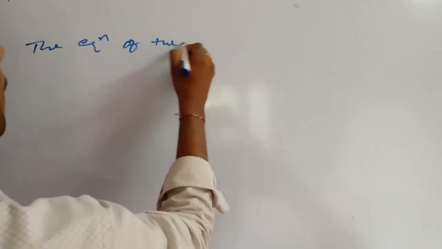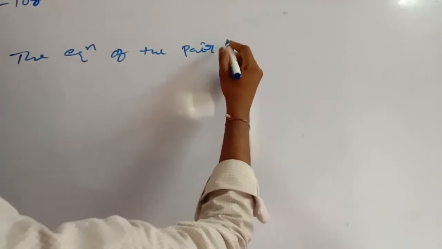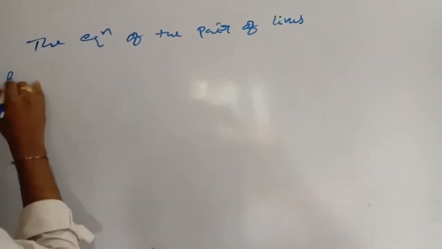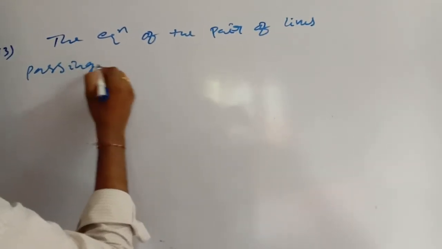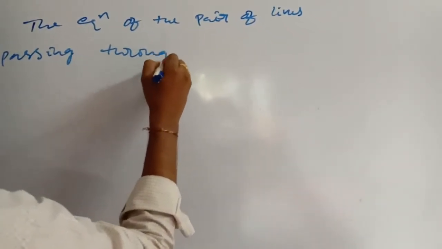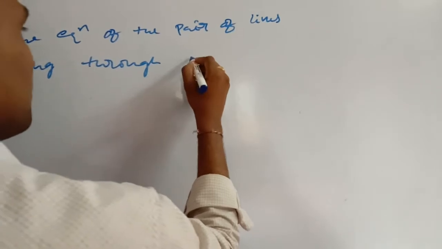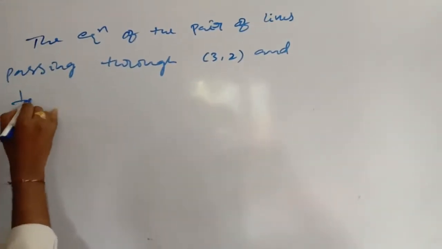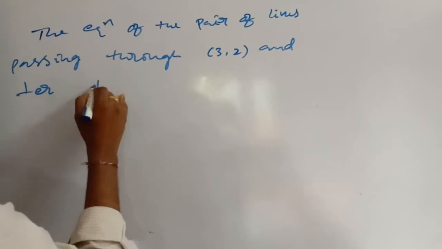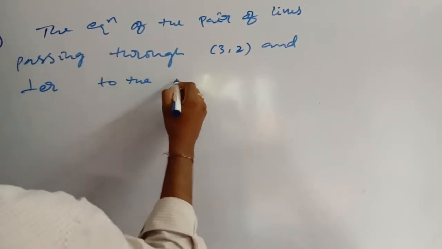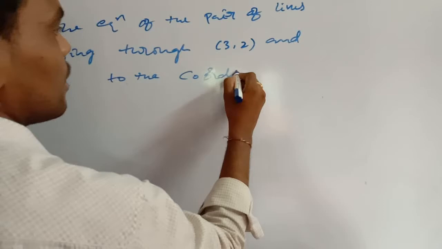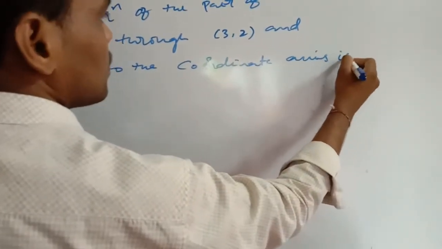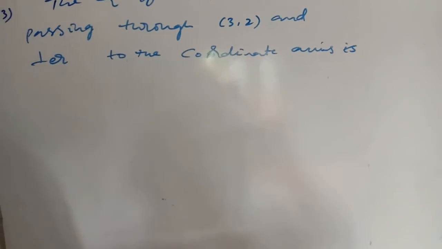The pair of lines passing through (3, 2) and perpendicular to the coordinate axes is?